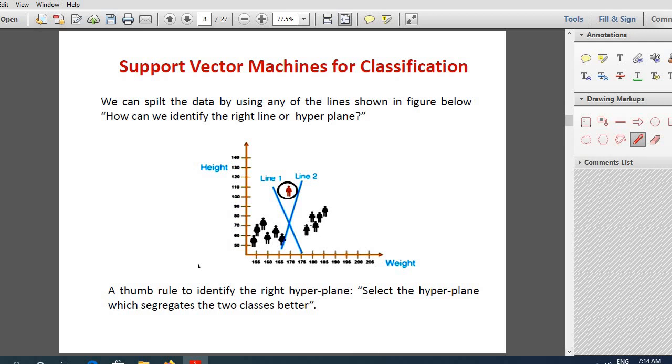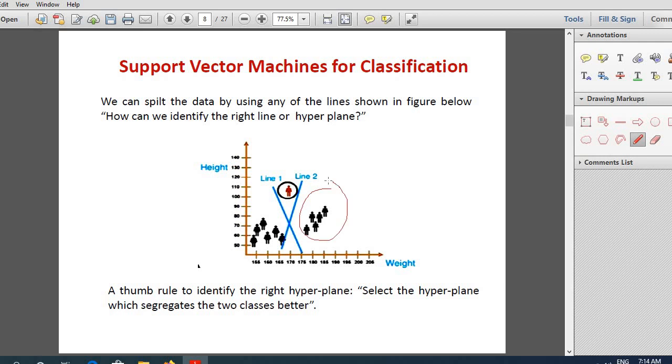Now, you have a set of data, and you plotted that onto a two-dimensional graph, height versus weight. You have plotted the points corresponding to male and female. The output vector is also provided. So for these, we already know that these are females and these are males.